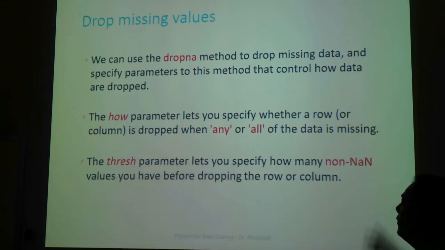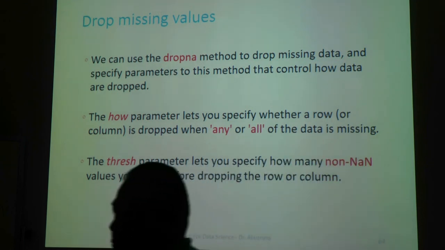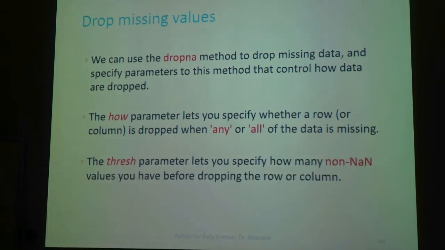If you don't like all of these remedies, the 4 remedies, create your own. You could create your own because you can loop through your data. If there is a missing value, do something. You have your magic, you know what to do. So these are tools ready for you to use.